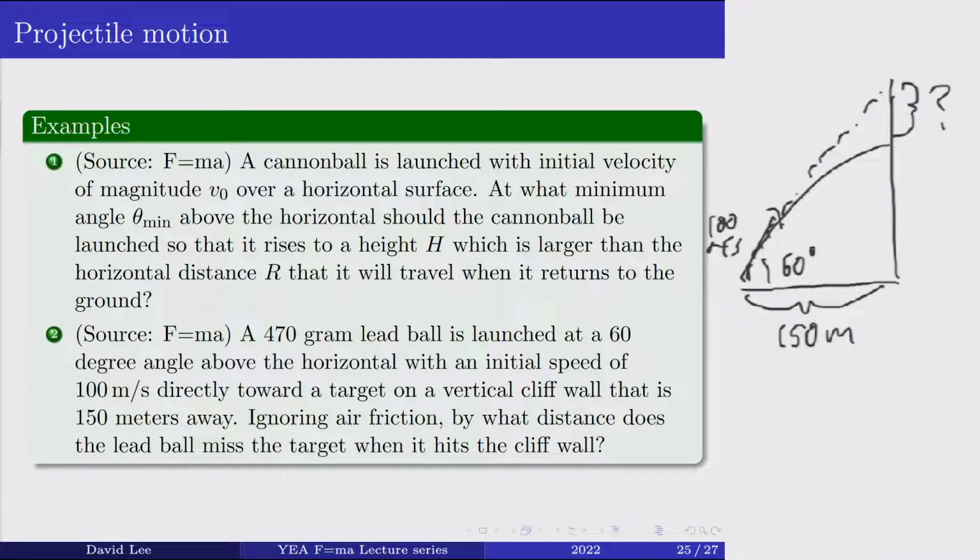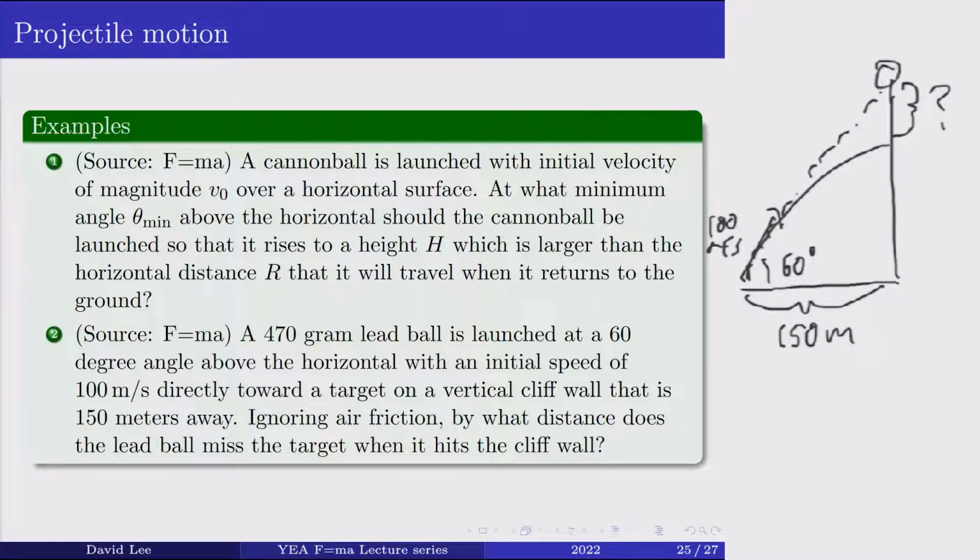All right, so I've drawn a diagram of the problem here. We can see that the cannon is fired at a cliff that's 150 meters away, that's the horizontal distance, and it's fired at a target. So it's fired directly at a target, which means that the target is exactly at a 60-degree angle from where it's fired.